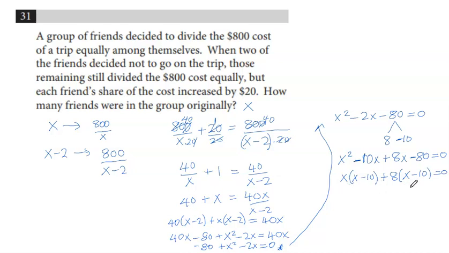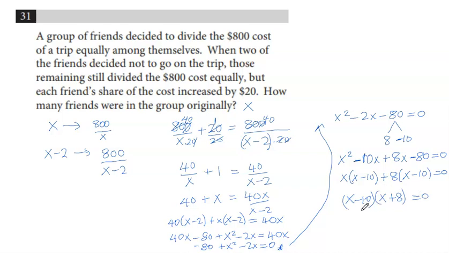So we have two main terms in this equation now. And then we look for what is common. X minus 10 is common. And then on the left hand side, we'll be left with x plus 8. This is equal to 0.